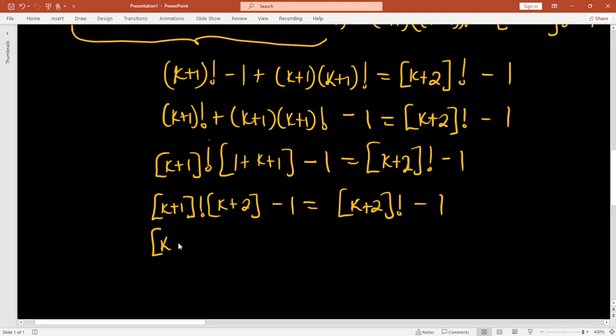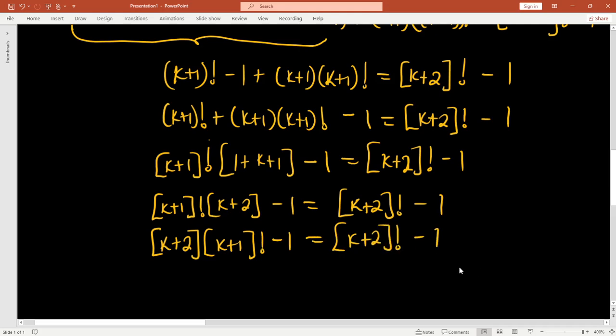Now this can just be written as k plus 2 times k plus 1 factorial minus 1 equal to k plus 2 factorial minus 1 like this here.